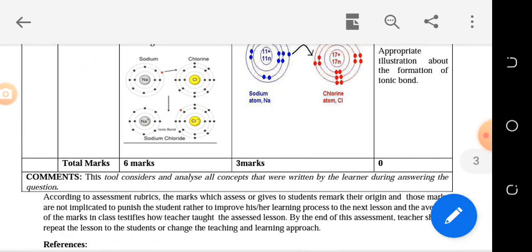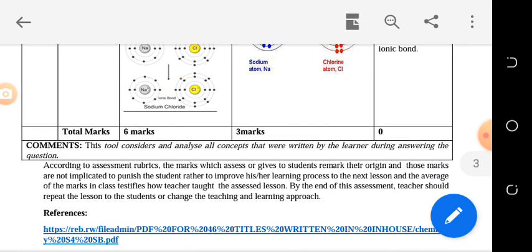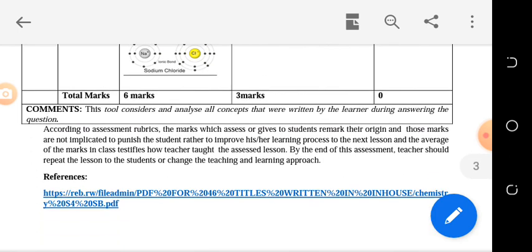The comments also, as for each question, you need to put a comment. And this comment has to be a constructive comment, as we had in our previous trainings about assessment.